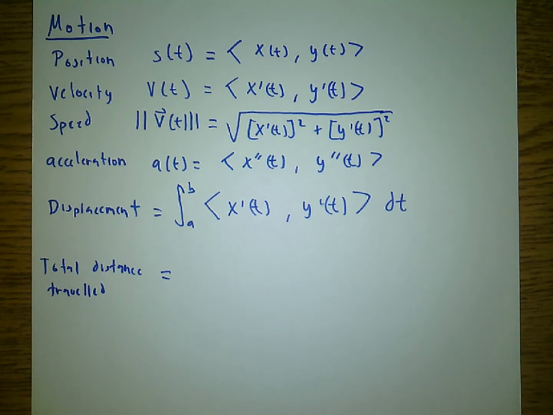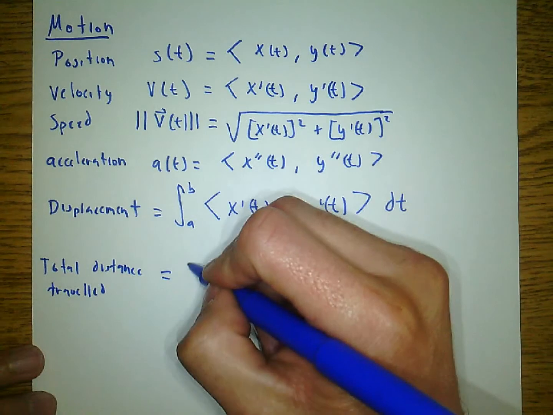So how can we use that example to help us figure out the total distance? You make everything positive. So we need to make everything positive by taking the absolute value of velocity, right? Yes? Yep. Which, if you look at the page, to find the total distance is to find the integral of what? The speed.